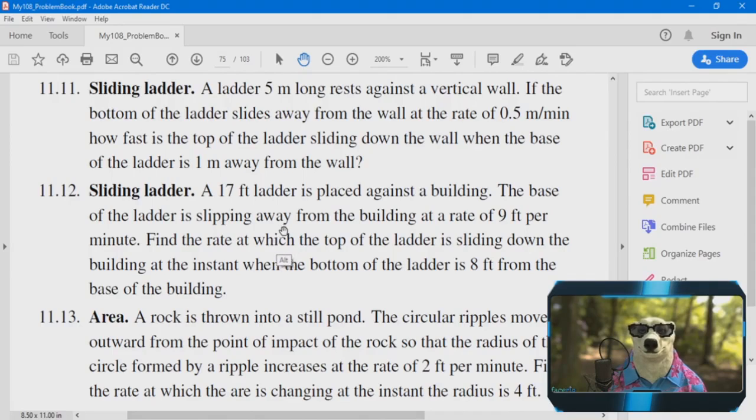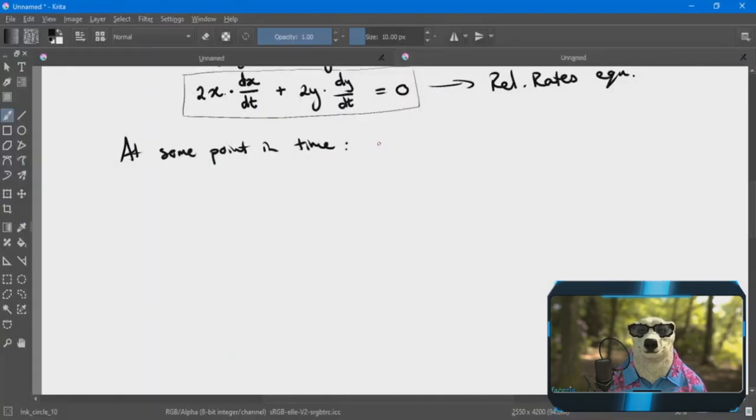They are telling me the bottom is sliding away at a rate of 0.5 meters per minute. The bottom, so that is x, changing at a rate of 0.5 meters per minute. So we're given dx dt is 0.5. I'm not going to write the units every time. Our units will always work out.